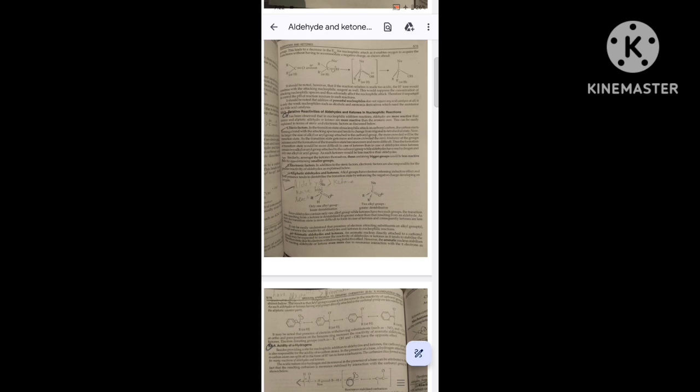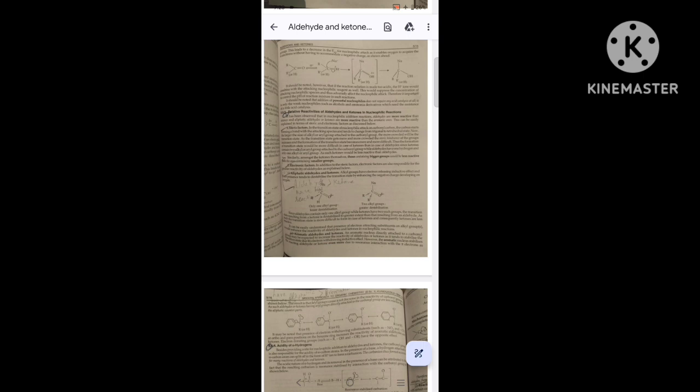Steric factor: in the transition state of nucleophilic attack on the carbonyl carbon, the carbon starts forming a bond with the attacking species and tends to change from the trigonal to the tetrahedral state. Now the larger the size of the alkyl or aryl group attached to the carbonyl group, the more crowded will be the transition state, and its formation becomes more and more difficult.